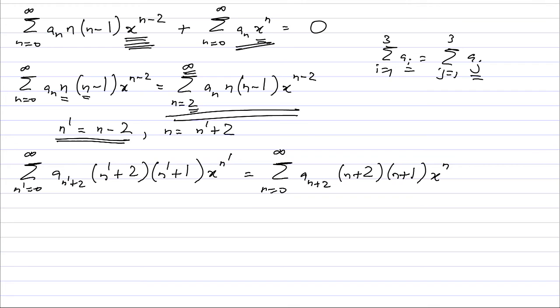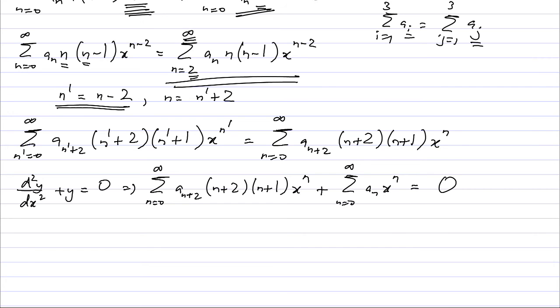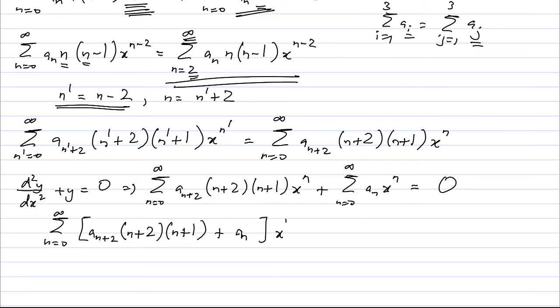So then going back to the differential equation, this implies that you have the sum from n equal to 0 to infinity of a_(n+2), (n+2), (n+1), x raised to power n, plus the sum from n equal to 0 to infinity of a_n x raised to power n, is equal to 0. Then I can write this left hand side as a single sum. So I have a_(n+2), (n+2), (n+1), plus a_n, times x raised to power n, is equal to 0.